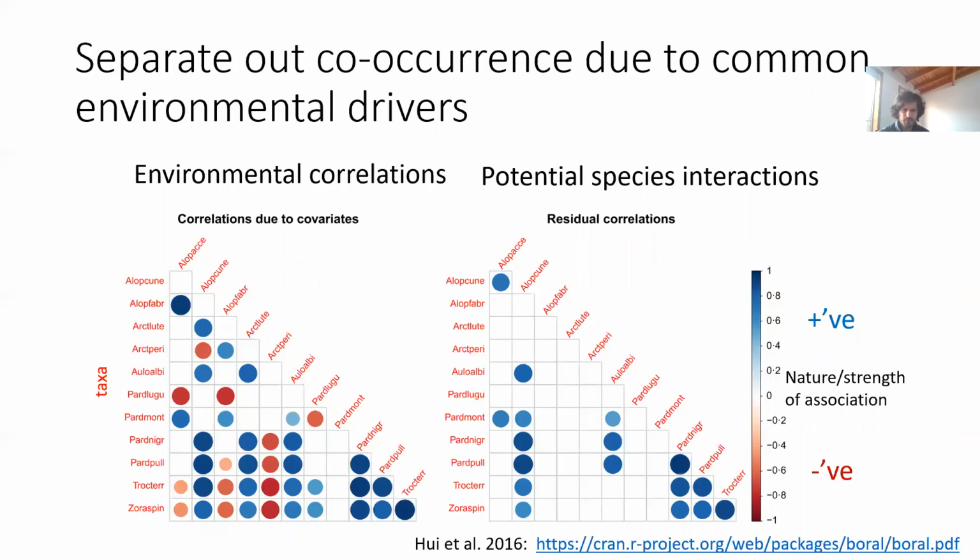So for example, we can use this method demonstrated by Hui et al., which uses a model-based approach and looks at latent variables to try and get proxies for potential species interactions. So it separates those environmental correlations from potential species interactions.